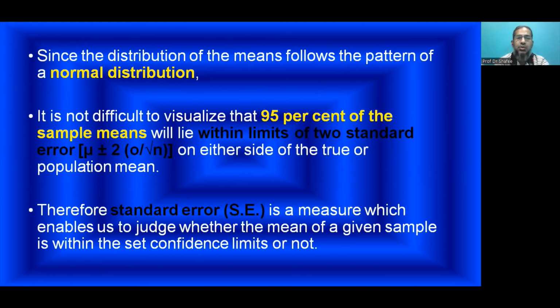So 95% of the sample means will be within normal limits. Therefore, standard error is a measure which enables us to judge whether the mean of a given sample is within the set confidence limits or not. With the help of standard error, we find out whether the mean of the sample is within the limit or not.